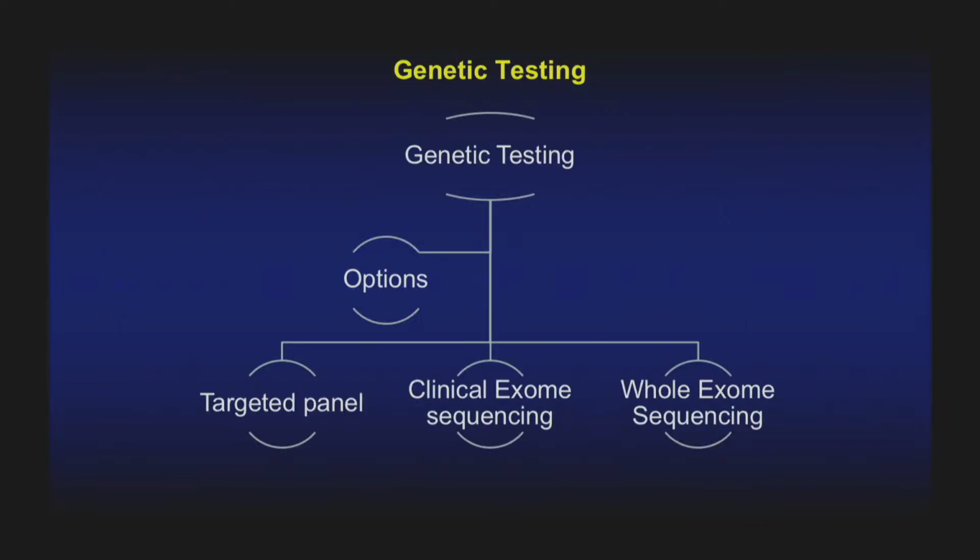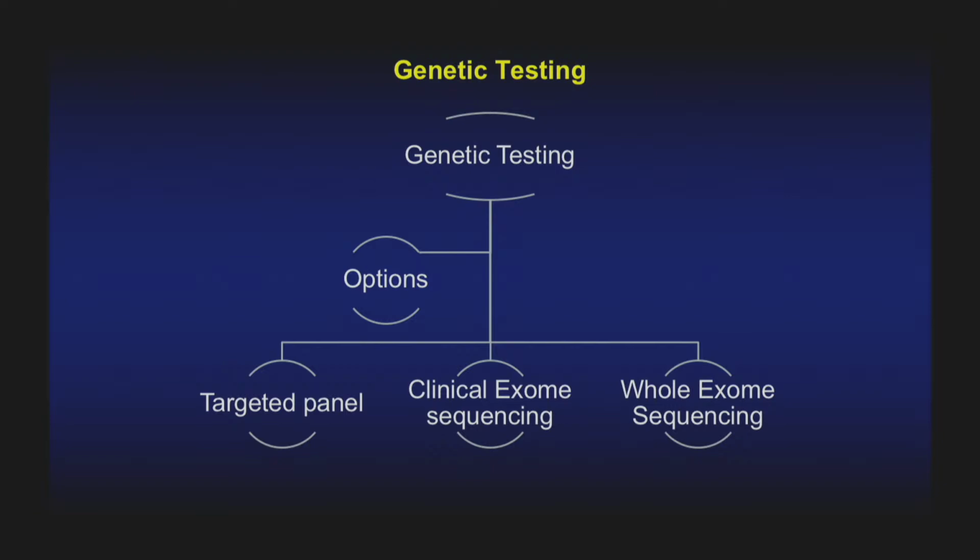Now, with respect to genetic testing, the options available are targeted gene panel, clinical exome, and whole exome testing. Targeted gene panel is the list of genes that I've shown you that are associated. You can just sequence those particular genes and see if there are any variants. That's more of a focused way of looking at things. When do you order this test? If you are very confident about the phenotype, go for a targeted gene test.